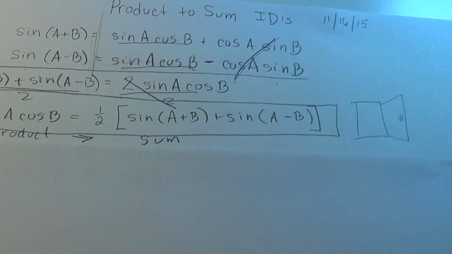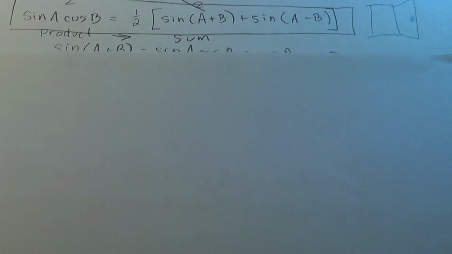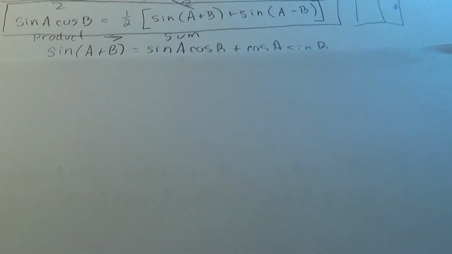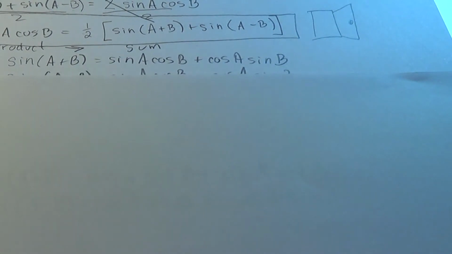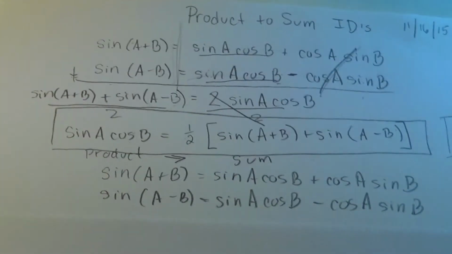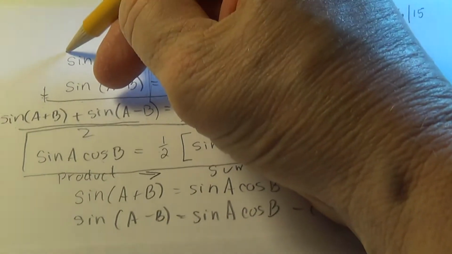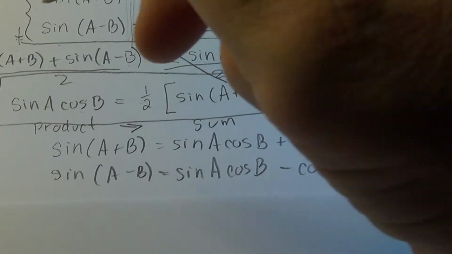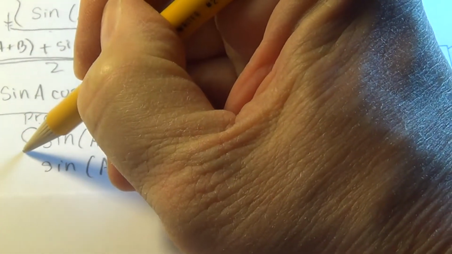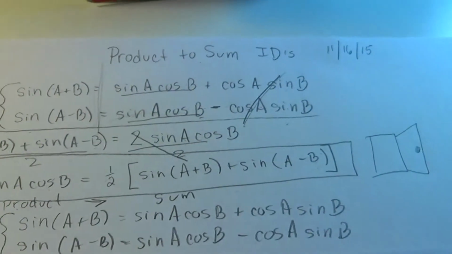Alright, keeping the door open for a little longer, let me go to these same 2 trig IDs that I started with up here. Can you see them? You cannot. These same two, I've just rewritten them right here, so you can pause and write them down.